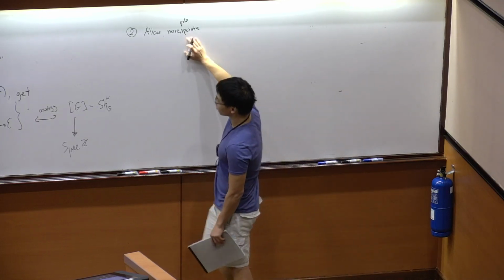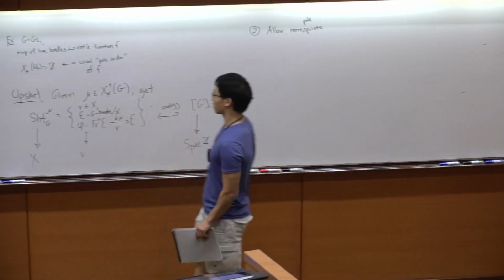Okay, and so now I want to allow more pole points, meaning I allow this map to acquire poles at multiple points.